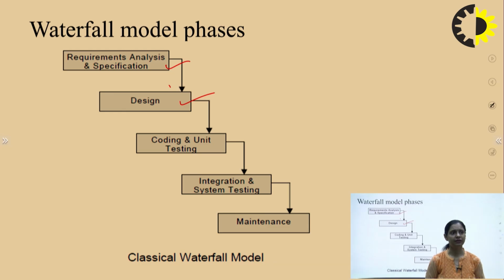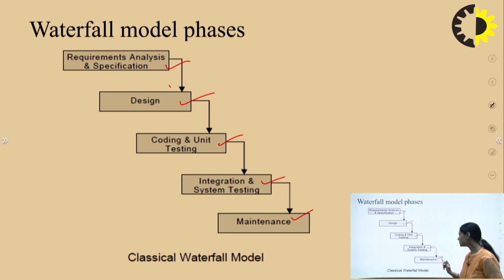The next one is coding, where the actual programming is done and the unit testing of each and every module of the software is done at this stage. Once the coding is done, we move into the integration and system testing phase, where some modules are integrated together and tested, and at the final stage, the whole system is integrated and tested together.